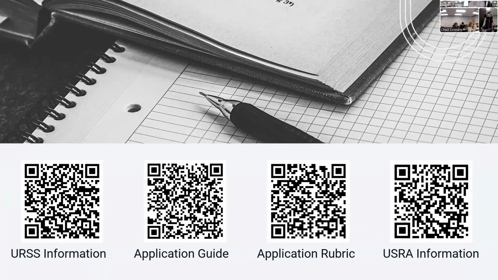This is very important when you're working with your supervisor: start looking at how you try to get the highest grades for each section and what you are including in your application that will hit all of those parameters. The last one is the USRA information. That one has the SIR, the SHRC, and the NSERC, and talks a bit more about those very specific awards. If you're looking at the mandates and what you need to qualify for those, that's where you can find more information.